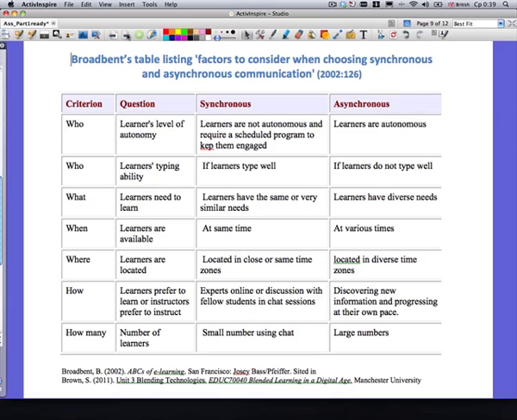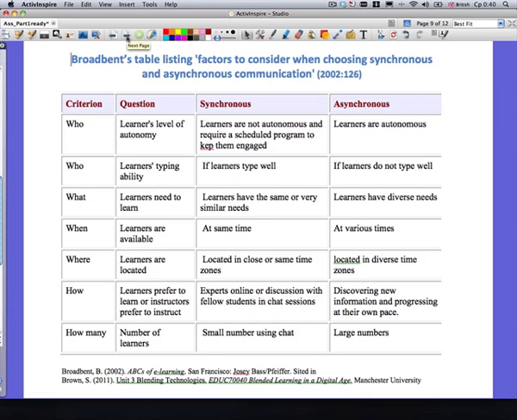Broadbent proposes this table listing factors to consider when choosing synchronous and asynchronous communication in his 2002 work. Some of the factors are not important for me, such as, for example, where and how many, as we all live in the same time zone and the number of students is fixed.